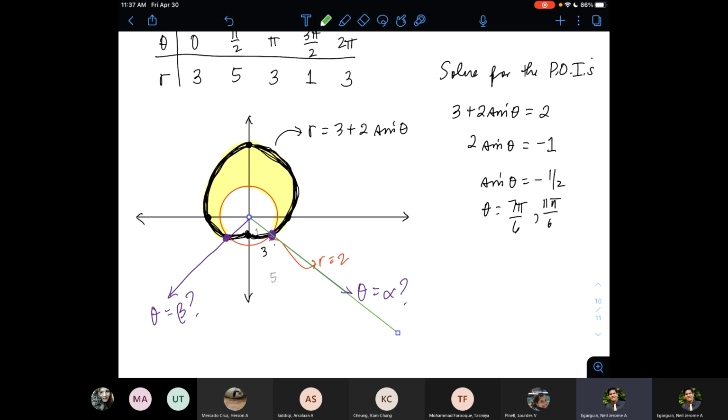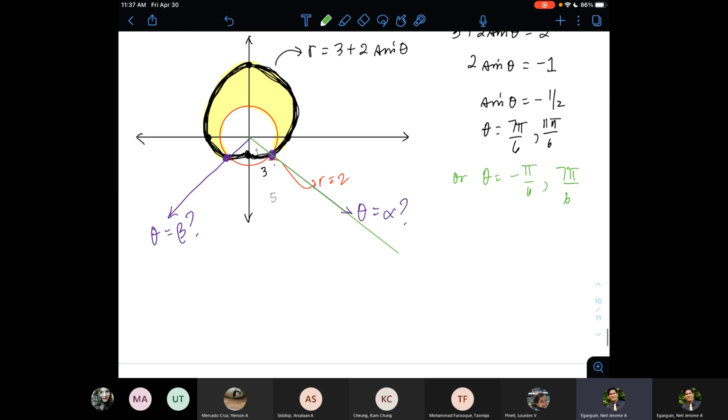So that means this alpha should be my starting theta value. But it doesn't make sense to start at 11 pi over 6 and end up at 7 pi over 6, all right? So I need another representation for this alpha angle. So instead of 11 pi over 6, I'll call it negative pi over 6 and 7 pi over 6, right? Because the lower bound for your integral must be smaller than the upper bound.